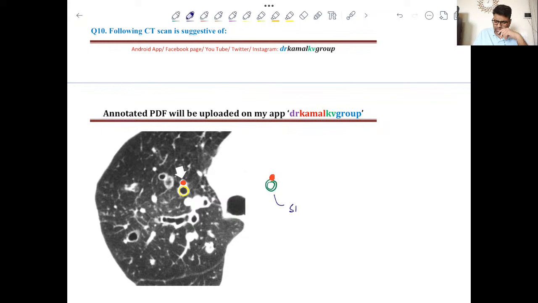Very good. So this is the classical signet ring sign, and the moment you find this appearance, you can straight away jump to the answer as bronchiectasis, right? So very easy to identify, signet ring sign, bronchiectasis.